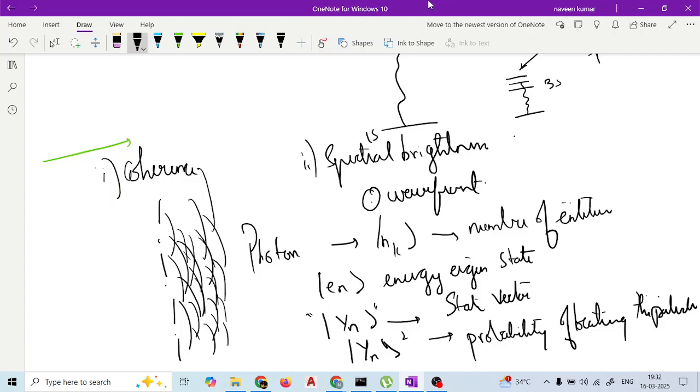So when you speak in terms of monochromaticity or higher intensity, the laser light coming out of the helium neon is on the order of milliwatts. The incandescent lamp that we have in our home, the tube light or any other light, like a floodlight, can be of extremely high intensity.